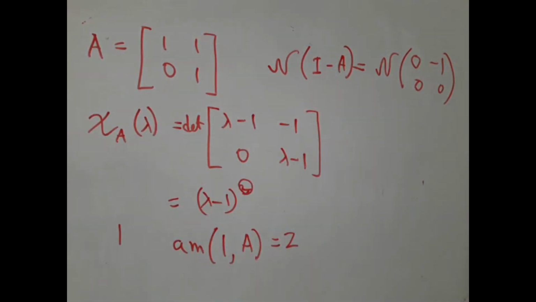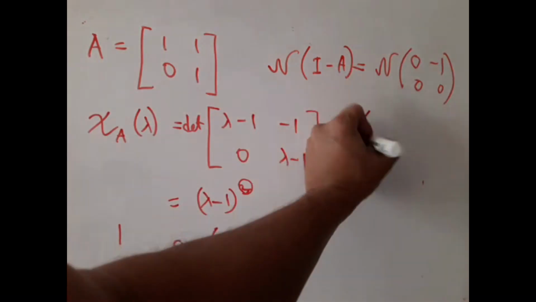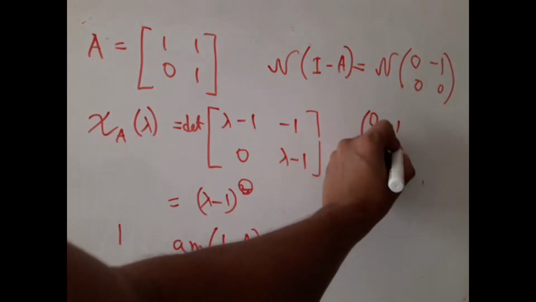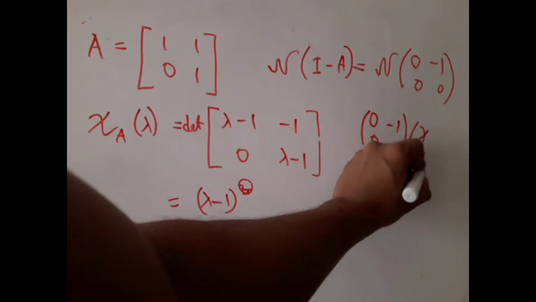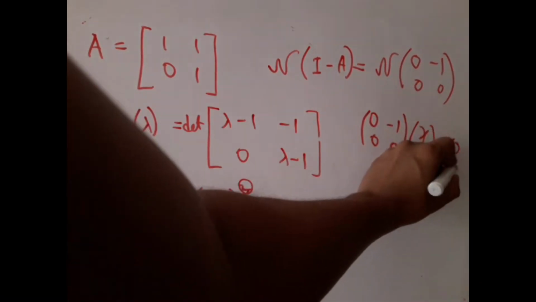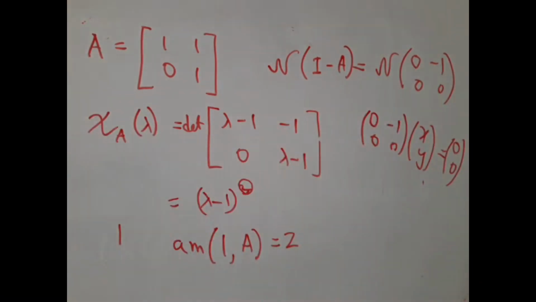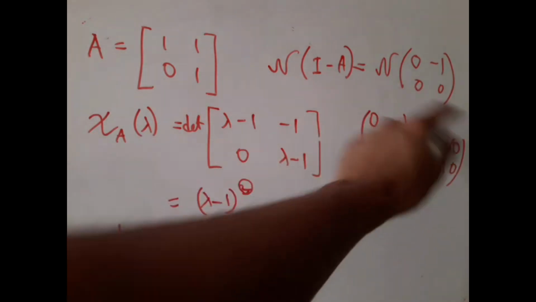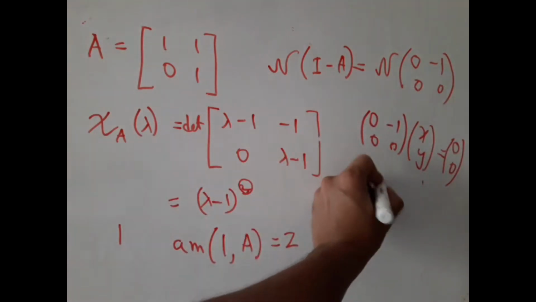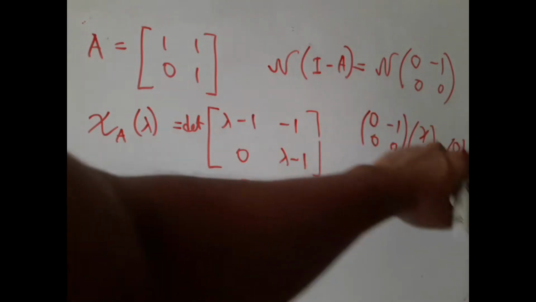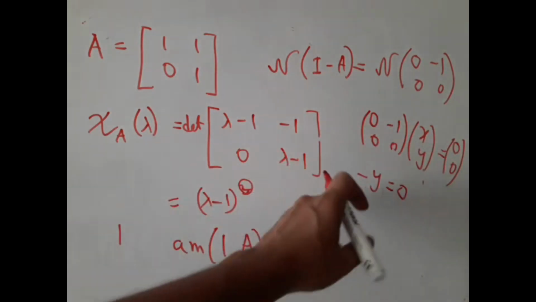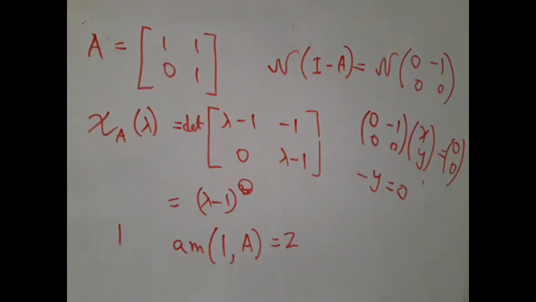What will be the null space of this? That is not difficult to compute. You just multiply this with an arbitrary vector (x, y) and set that equal to (0, 0). So I want to find all (x, y) such that this is satisfied. This equation simply says that minus y is equal to 0 from the first row, and from the second row I get 0 equal to 0, which gives me no information.